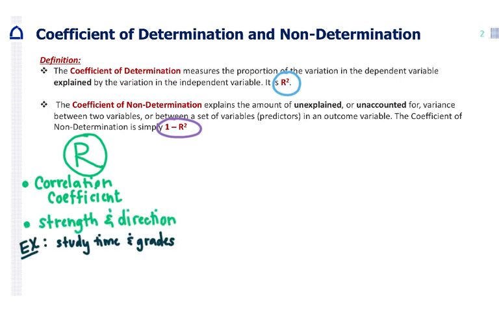As an example, if we were talking about study time and grades, and we found out that r was 0.9, that would mean the relationship between study time and grades is strong and positive because r is close to 1. It's a strong and positive linear relationship.